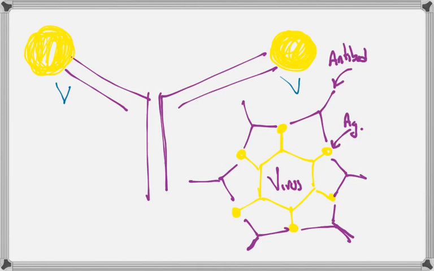How well do we need to know this? It's like 11.5. So, well, you need to know the coating happens. It's called opsonization. O-P-S-O-N-I-Z-A-T-I-O-N.